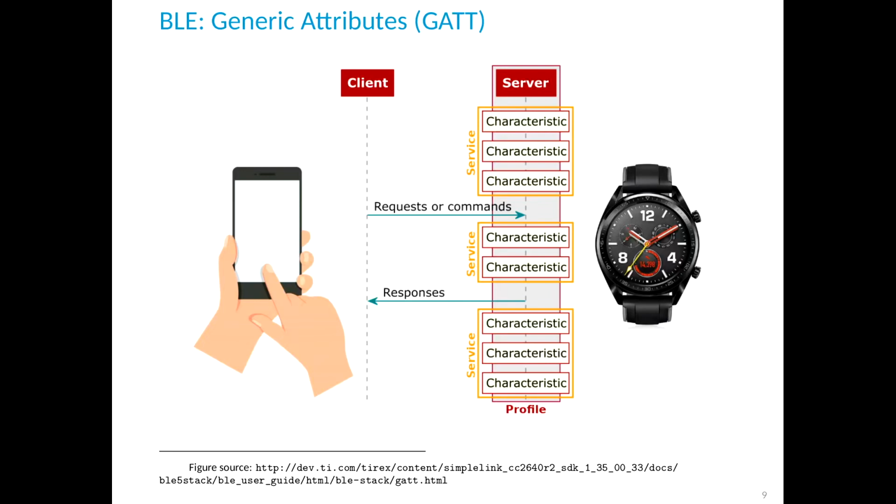Huawei is using this characteristic concept a little bit differently. They only use two characteristics, one to write to the watch and send their own commands, and a second characteristic to extract the data.